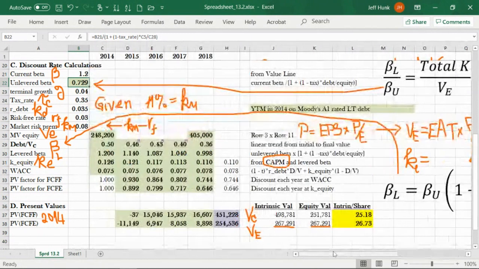So anyway, this is how I got the current value. You see the formula here.